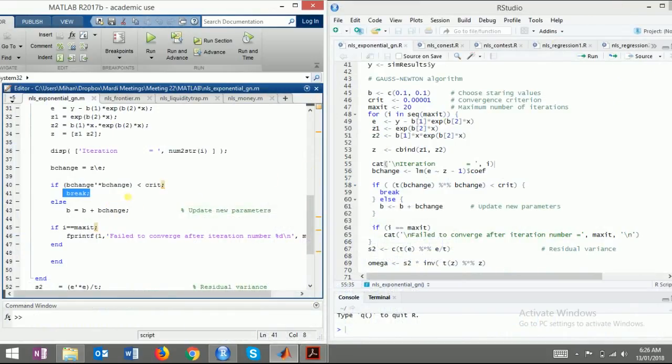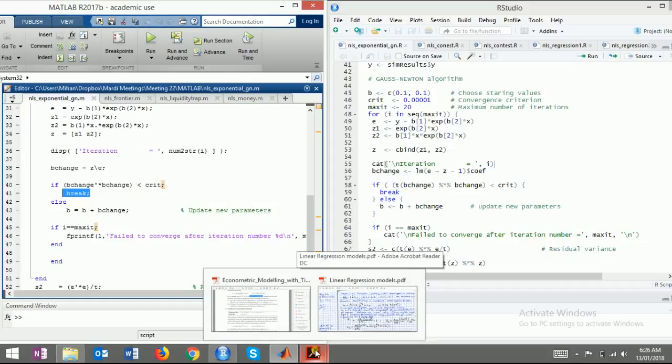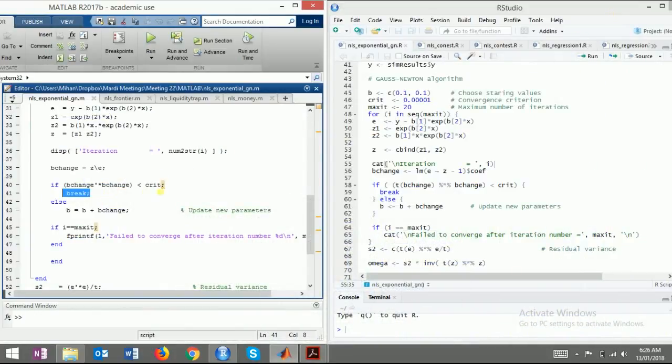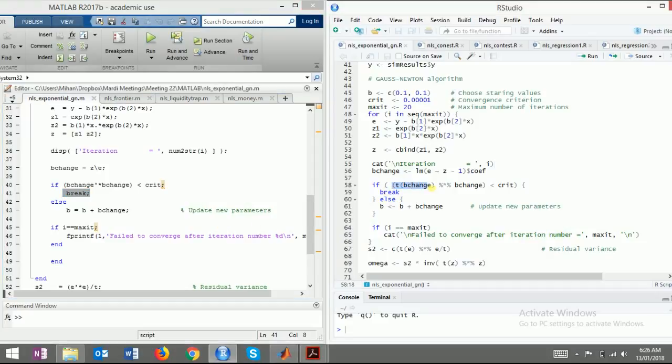So if B change transpose multiplied to B change is less than critical value, there's a little error, it's not comma, it's multiplied. So less than critical value, break, otherwise update new parameter. So if transpose of B change multiplied to B change is less than critical value, break, third bracket starts, break.